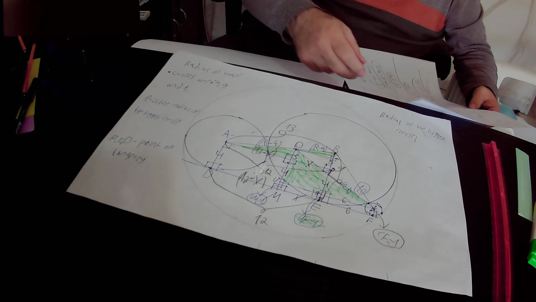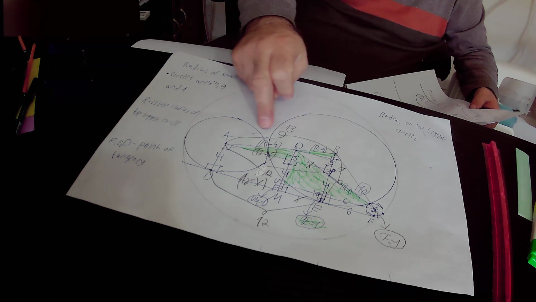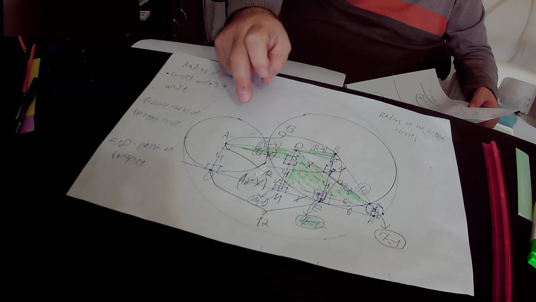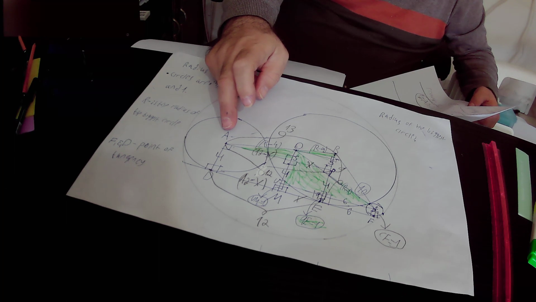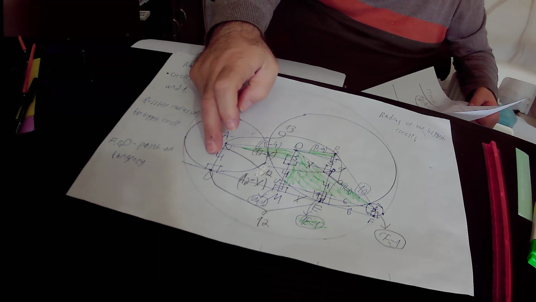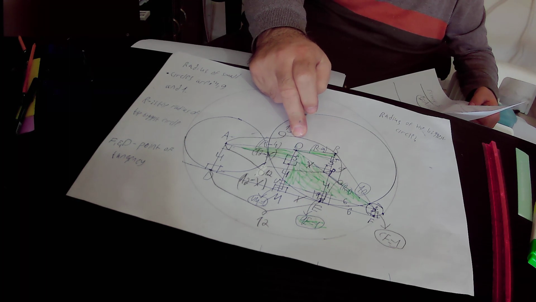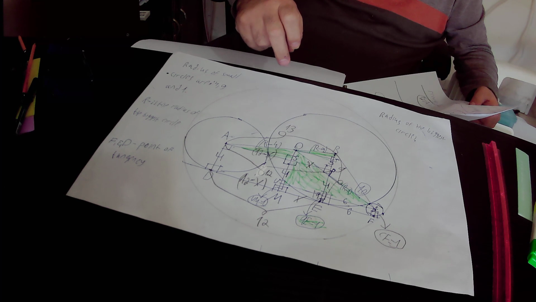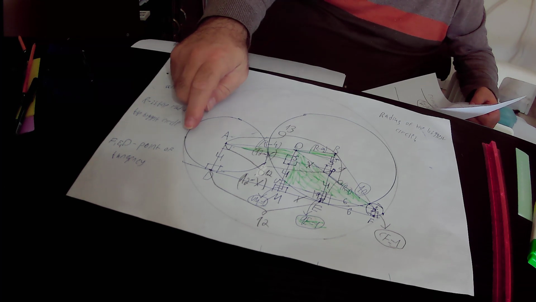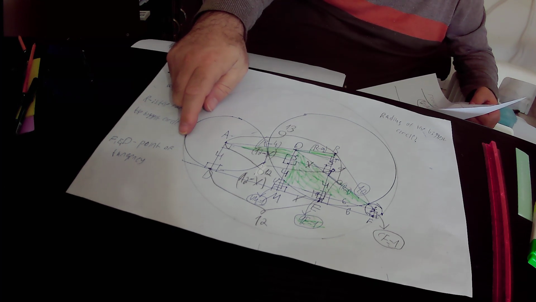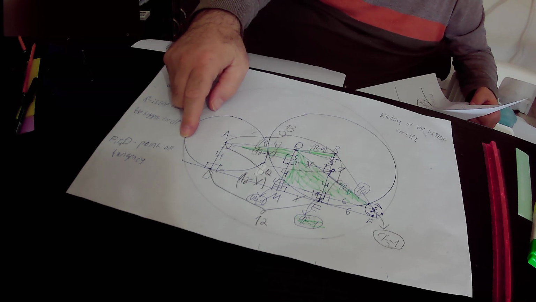And what is the value of AO? A is the center of this circle, whose radius is equal to 4 units. O is the center of the biggest circle, whose radius is equal to capital R. The biggest circle and this circle have an internal tangency between them at this point. That is to say, they are touching each other at this point.